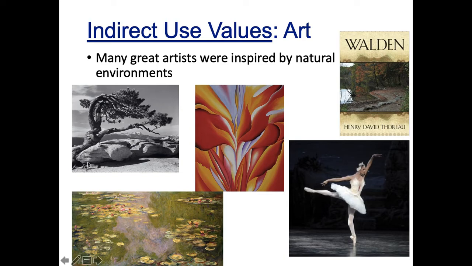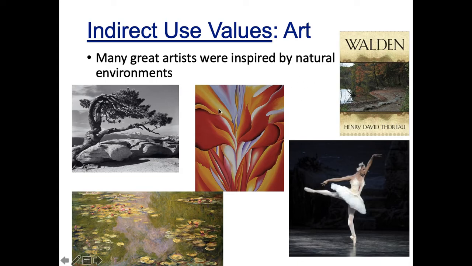But you might recognize some of these other famous artists. So this one right here is a photograph by Ansel Adams, who is a famous American photographer, and he's famous for taking these stark, beautiful black and white photographs of a lot of our national parks. Down here on the bottom left is a painting by Claude Monet, and he's famous for painting the water lilies.